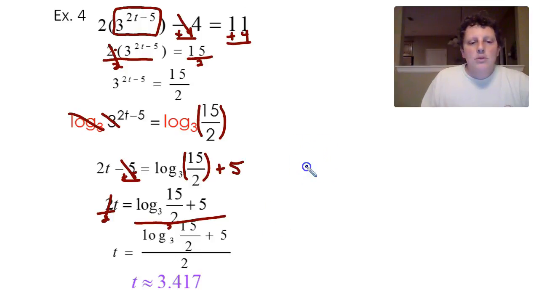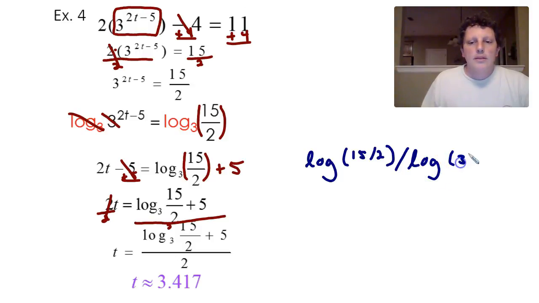Well, I'm going to do log of 15 divided by 2, divided by log of the base, which is 3, plus 5. And then after I get that, I have to divide that whole thing by 2.